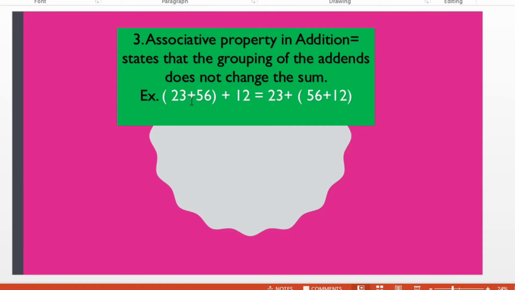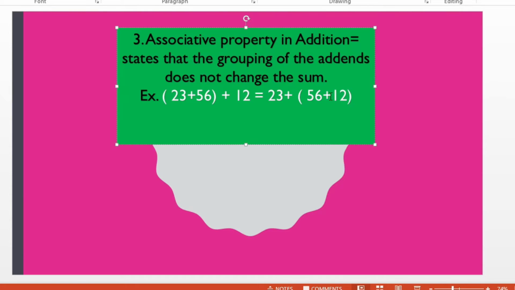So, associative property. So, 23 plus 56 plus 12 equals 23 plus, open and close parenthesis, 56 plus 12. So, let us check if the answer is the same. So, 23 plus 56, the answer is 79. Plus, baba po natin yung 12.